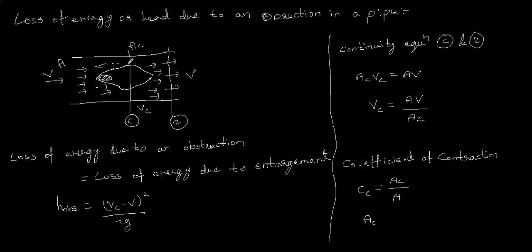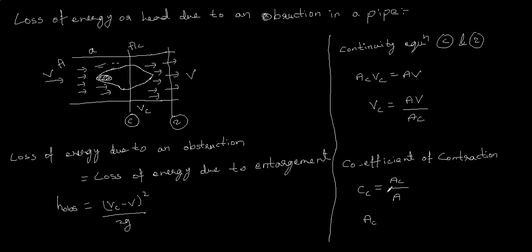The flow is taking place over the obstacle. If you assume the area of the obstacle as small a, then after striking, the cross sectional area of the flow will be A minus a. We need to subtract the small a.